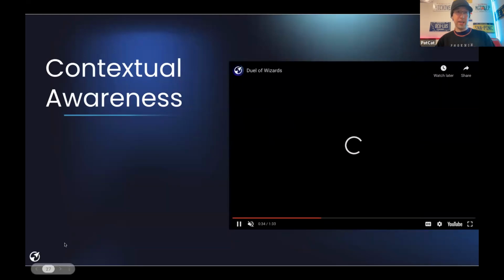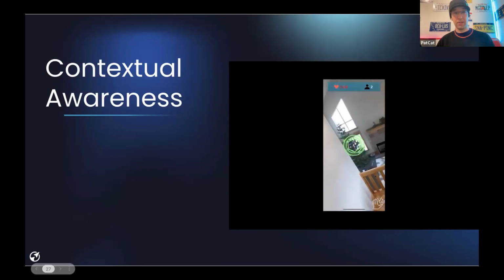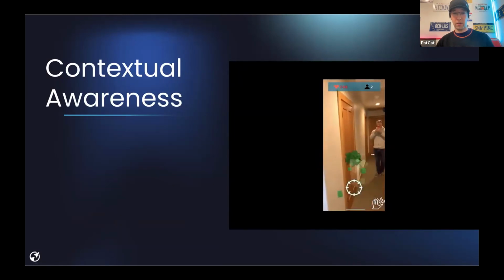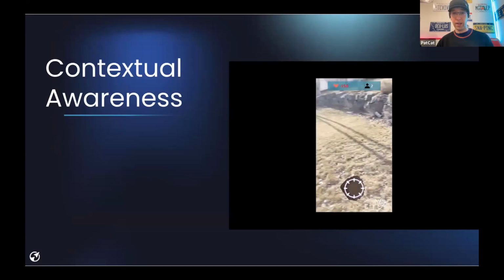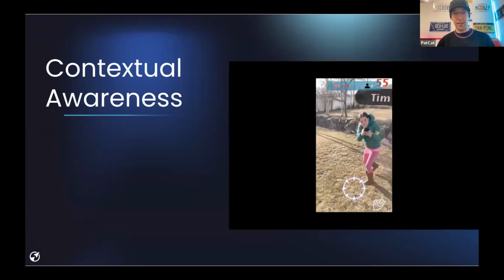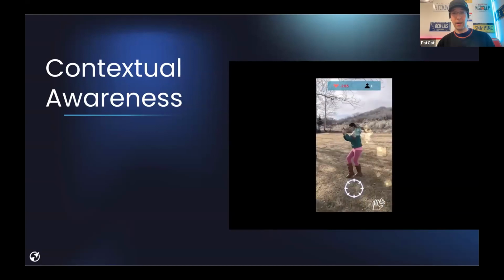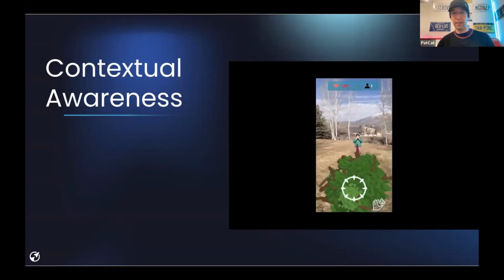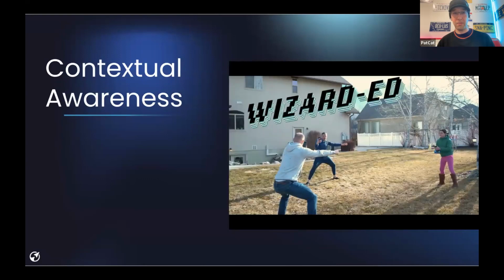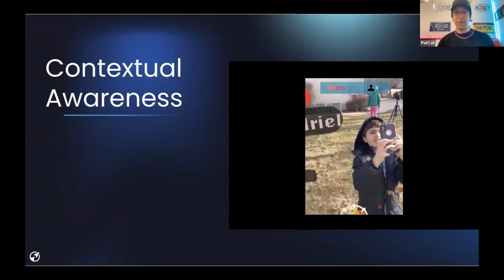Yes, so this one is the part of contextual awareness that I like the most. It can work out what is sky, what is trees, what is ground in your games. So when you're seeing these wizards fighting each other, they're pointing up at the sky and getting their power up, basically, to shoot off based on it looking up at the sky.